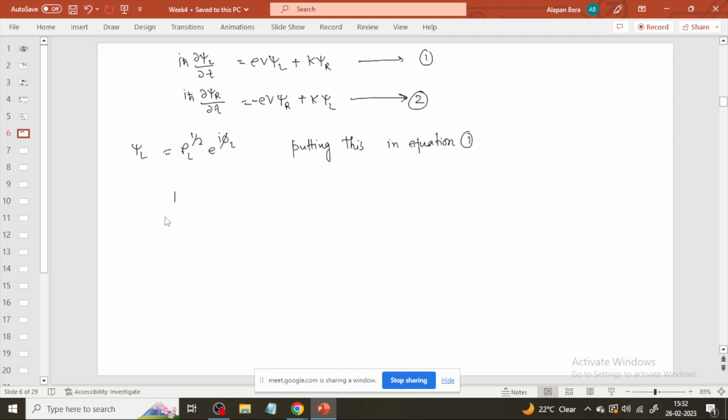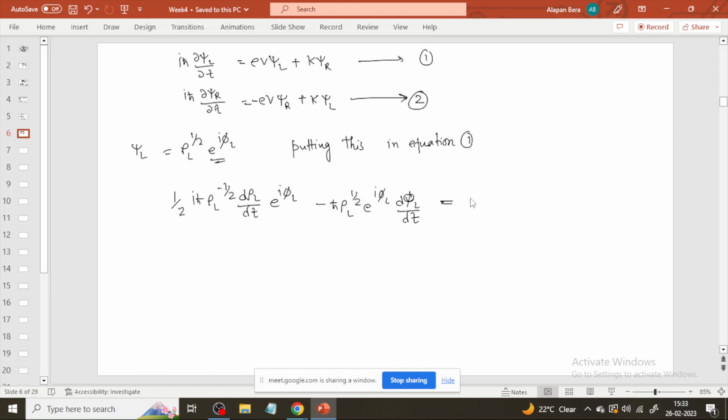First it operates on this rho L. Then it operates on this term. So what do we get here? The i and the outside i get multiplied and give the minus sign. Okay, so we get this.